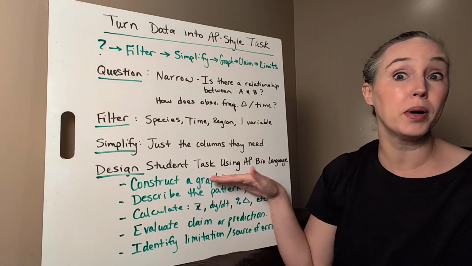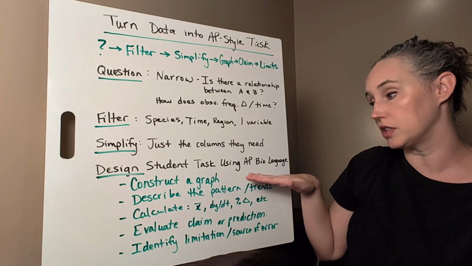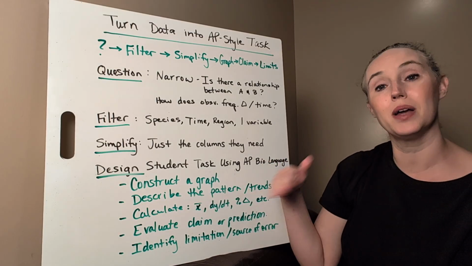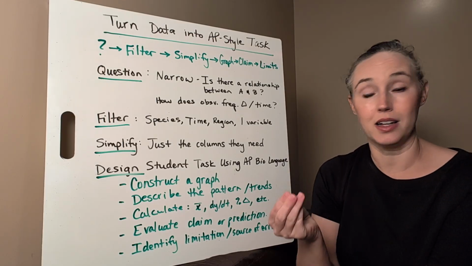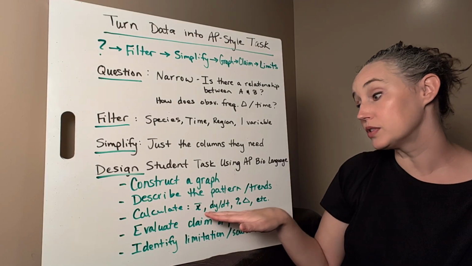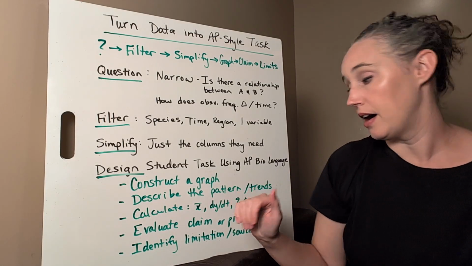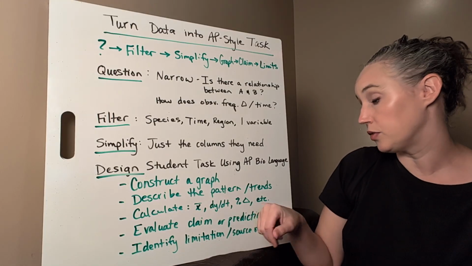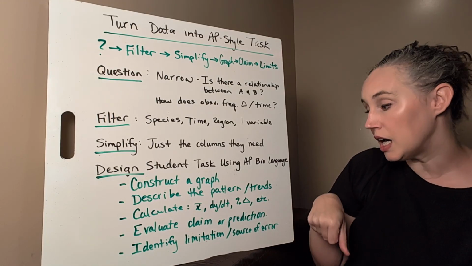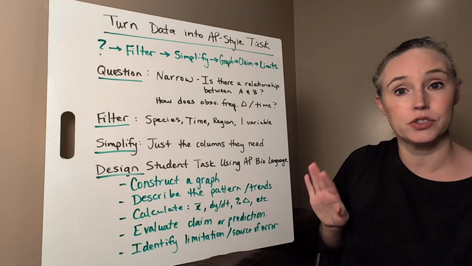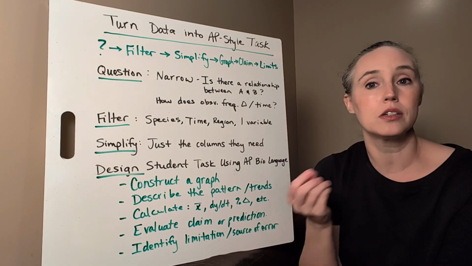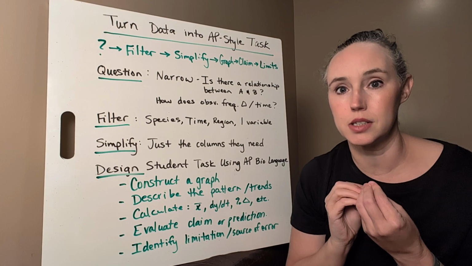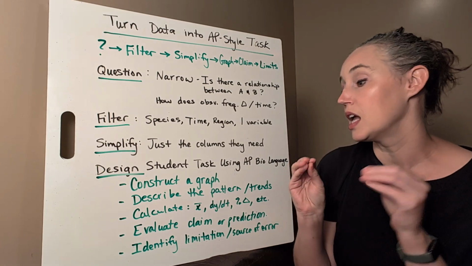And all the parts that are part of constructing a graph, they have to do that. Then have them describe the pattern or the trends they see in the data. If the data allows, involve some sort of calculation, for mean, change over time, percent change, etc. Or if there are different regions, see if the differences are statistically significant or not.